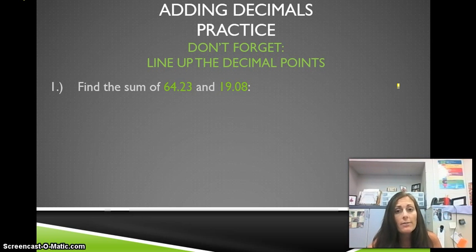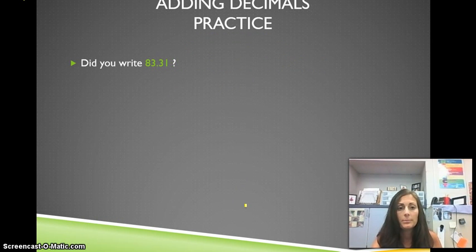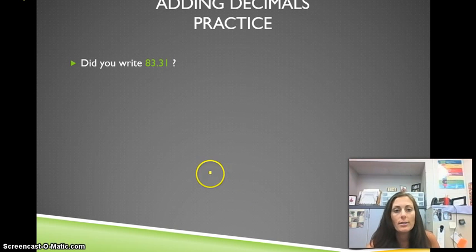Remember all of your place value rules. Line them up and down vertically. Keep each place value spot in the same location. Fill in the empty spaces with zeros. Go ahead and push pause and begin working out the problem. Push play when you're ready. Did you write 83 and 31 hundredths?